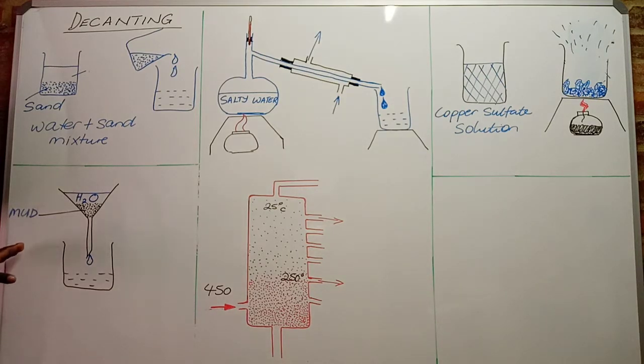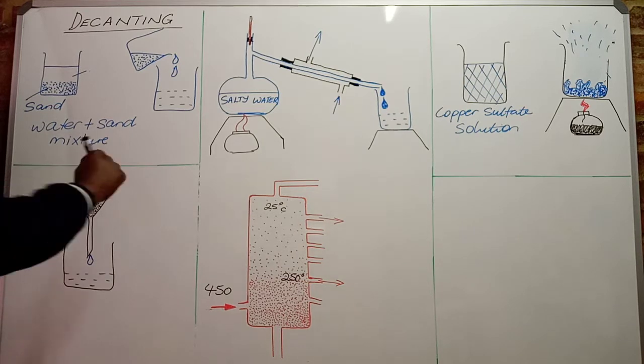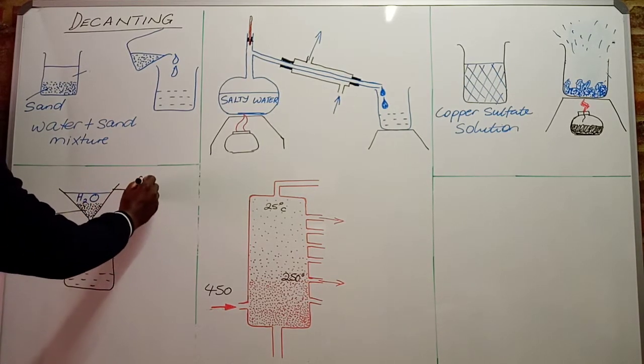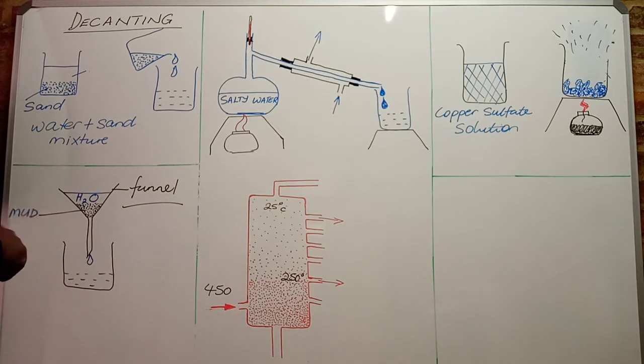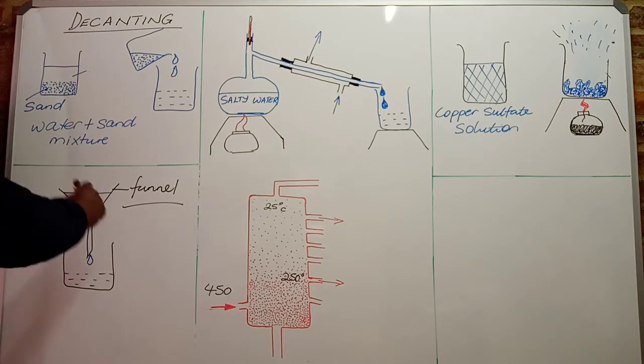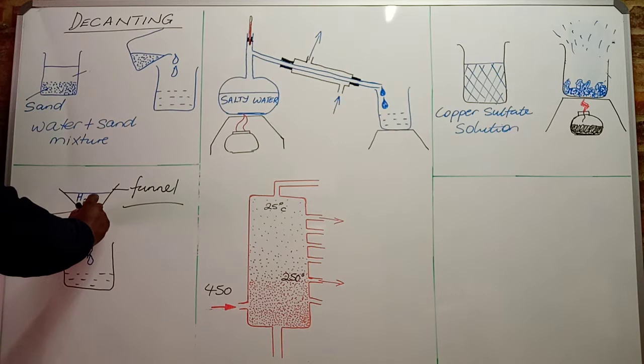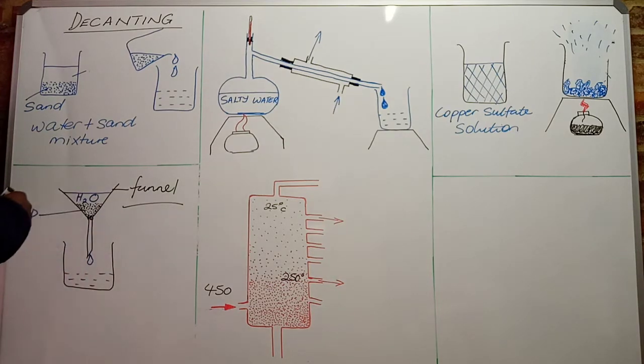For this method we can use a separation funnel or a separation paper. It takes longer though. We simply pour the mixture into a funnel, and we leave the mixture. At the end of the funnel, there are bigger particles of soil.